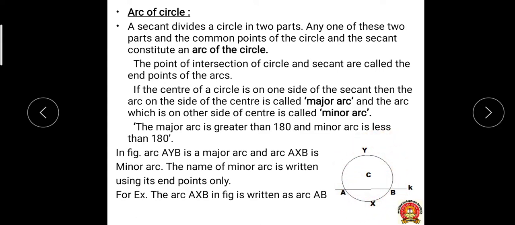Major means big one, minor means small one. So according to the figure, arc AYB is the major arc and arc AXB is the smaller arc. Always remember that the major arc is greater than 180 degrees and the smaller arc is less than 180 degrees, because your whole circle total is 360 degrees.